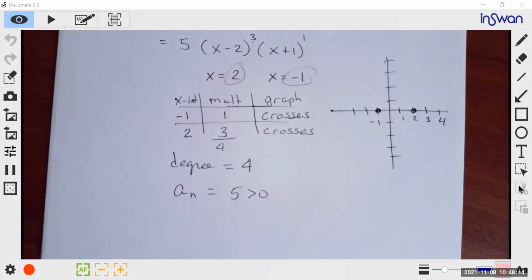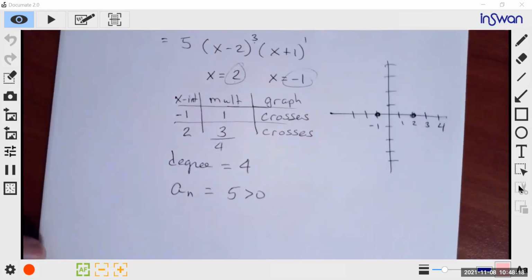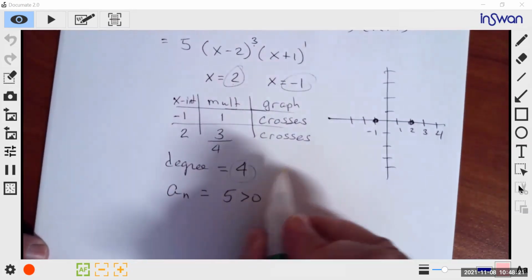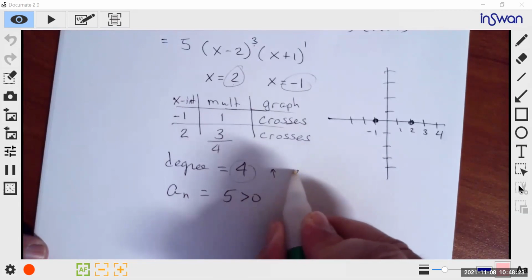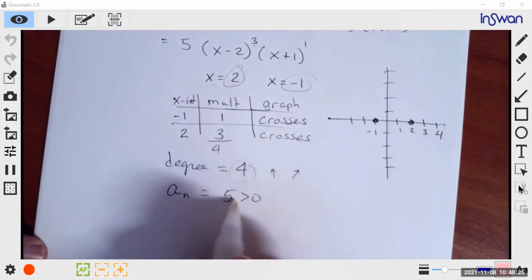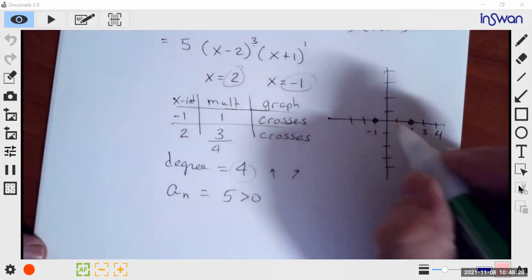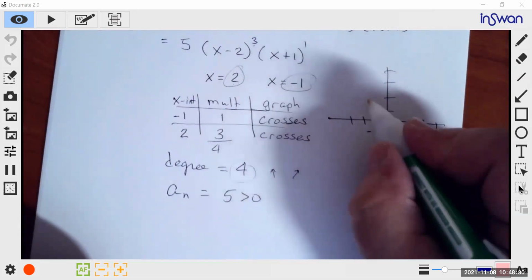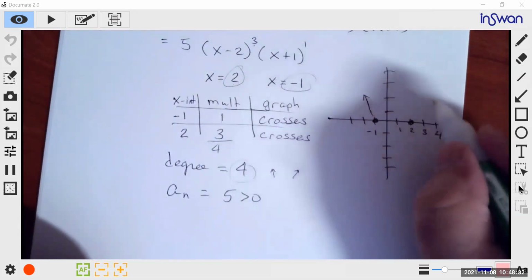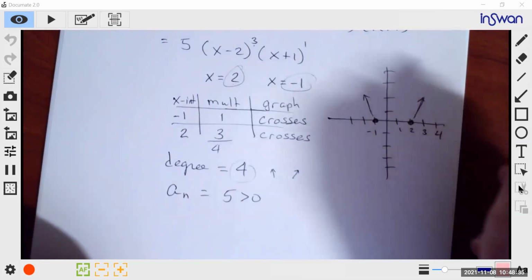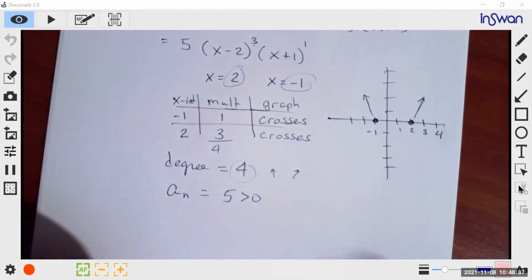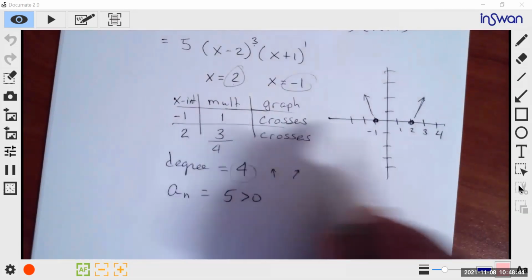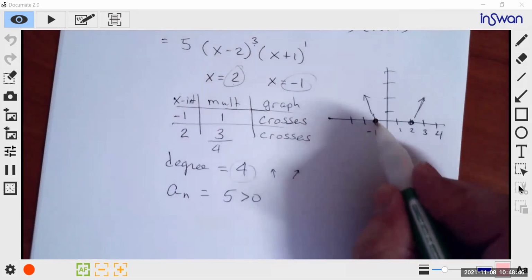What's the graph going to look like? Yeah. Since it's degree 4, both endpoints have to point the same direction. Since a is positive, they both point up. And we know at -1 and 2, the graph crosses.